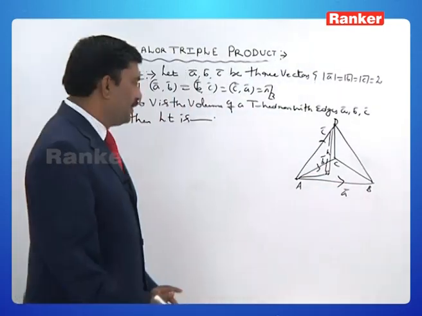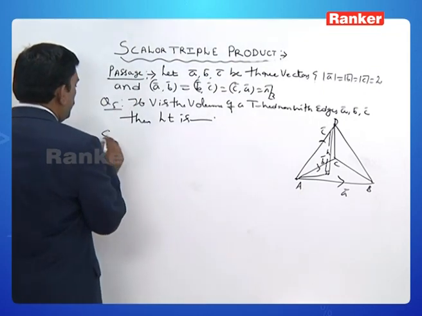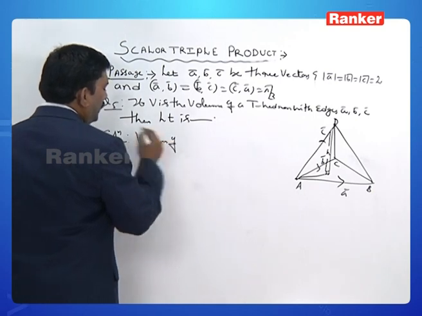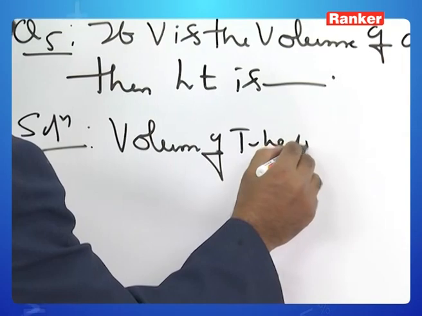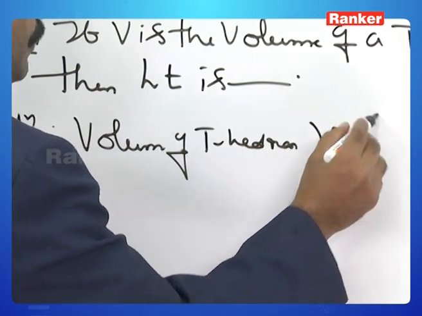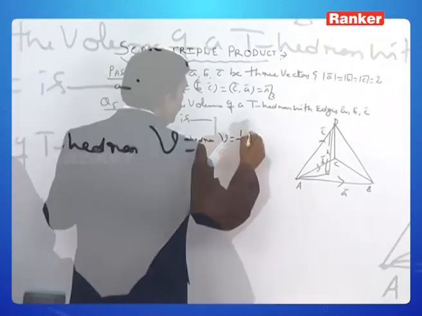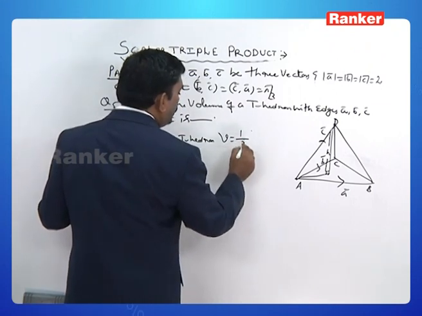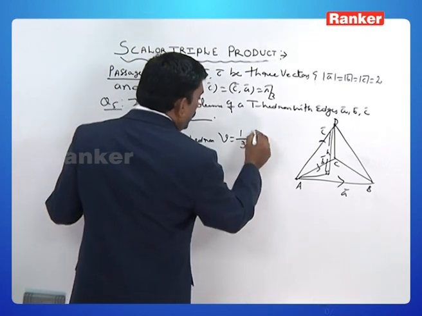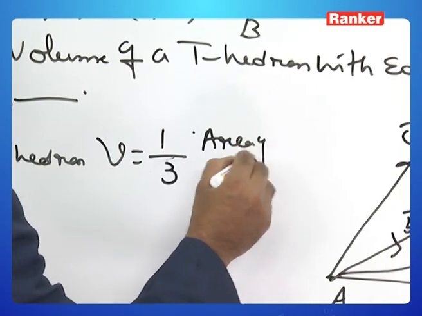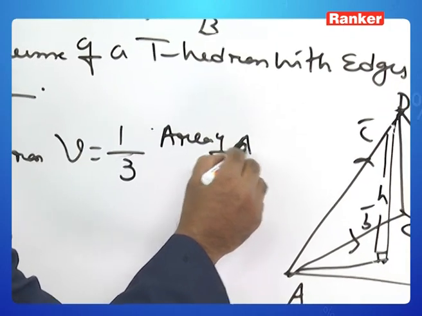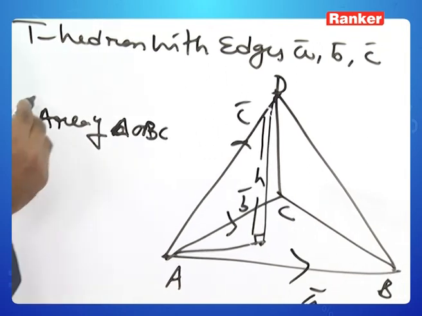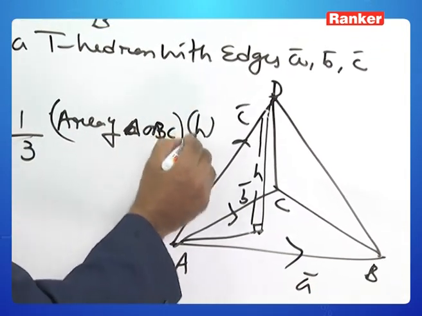Now I can write the solution: the volume of a tetrahedron V is equal to 1 by 3 into the area of triangle OBC into height.